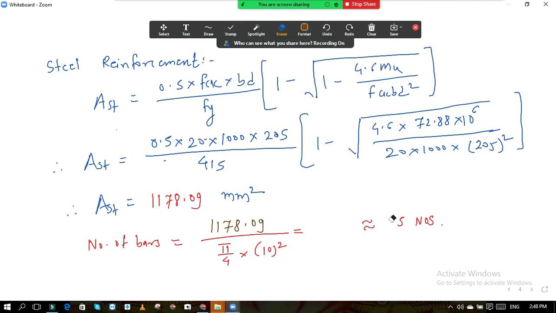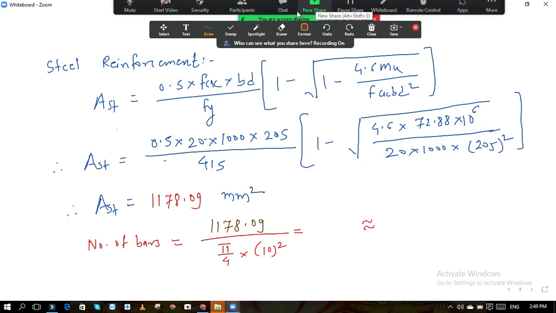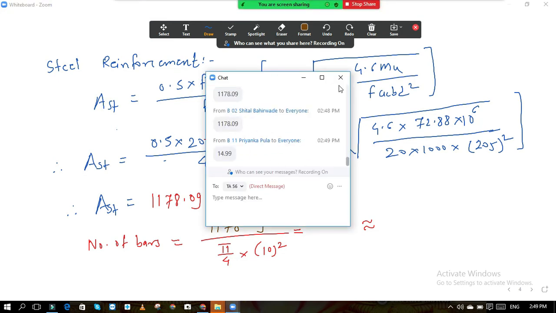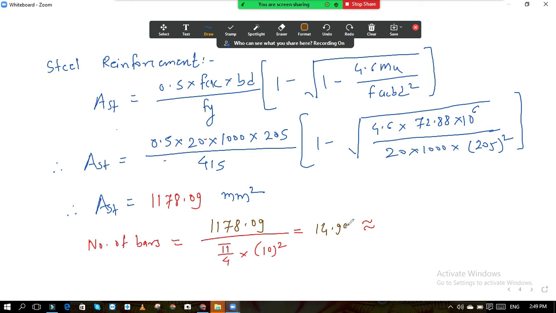Let me know now how many number of bars are required. 14.99. So 15 numbers.